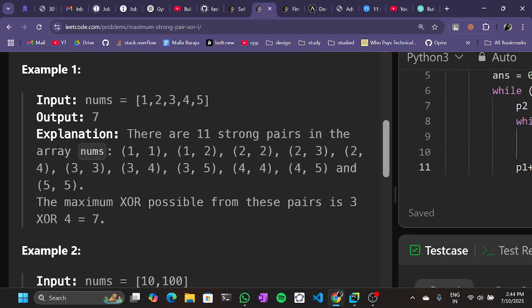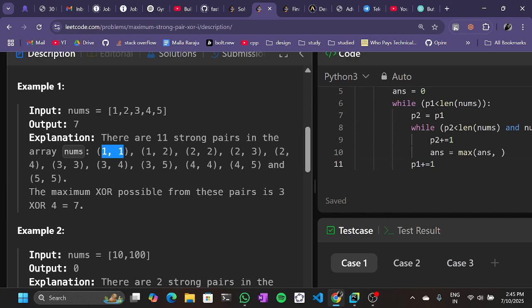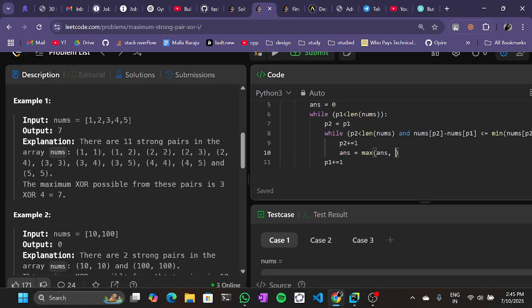What will be the XOR of same values? It will always be 0. How do we XOR it?